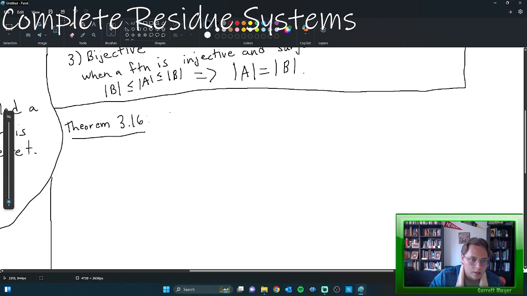This theorem states: let n be a natural number. Every CRS mod n contains n elements.